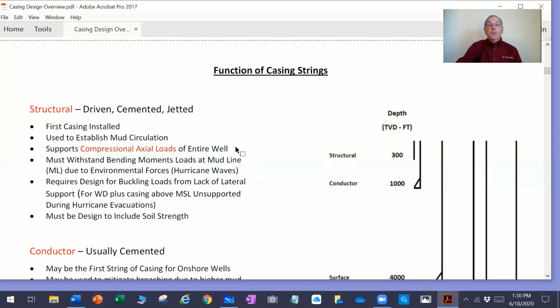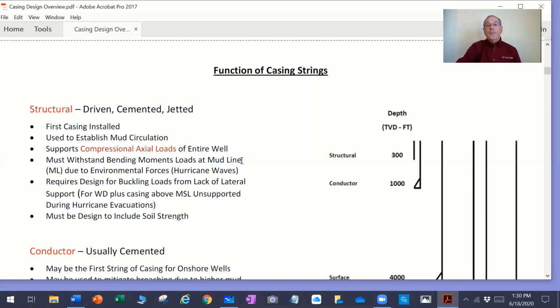It also must withstand bending moments, loads at the mud line due to environmental forces like hurricane waves. If you have a jackup rig that's located, say, in 150 feet of water offshore, you will have a bend when you prepare and evacuate for a hurricane. Most often we disconnect from the well, from the rig, when we evacuate.